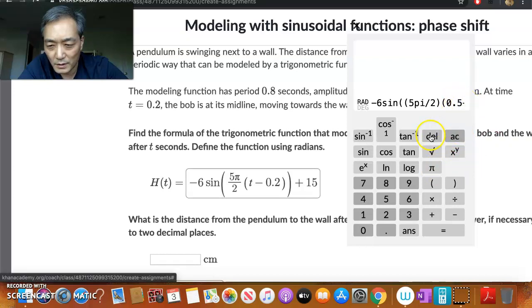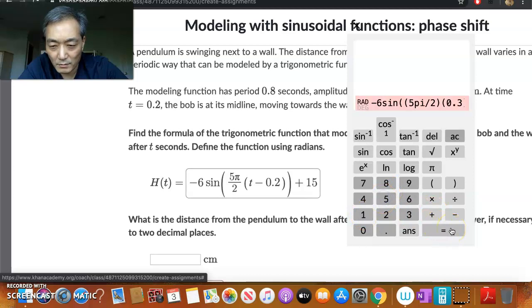What is going on here? Oh, we can't see the rest of it? Oh my, how am I going to do this? So let's put 0.3 because it doesn't seem like we can see it. 0.3, close the parentheses, plus 15. Wow, we're working blind here, huh?